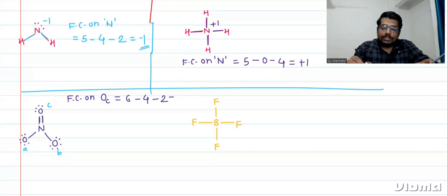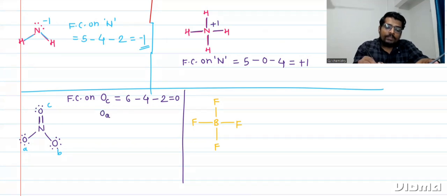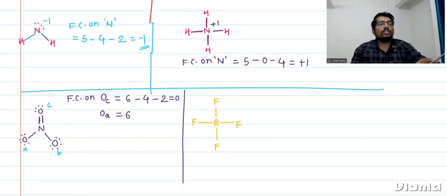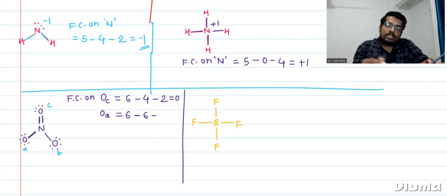So the formal charge on oxygen C is 0. Similarly, find the formal charge on oxygen A. It is 6 minus 6 dots, minus 1 bond. So the formal charge on oxygen A is minus 1.